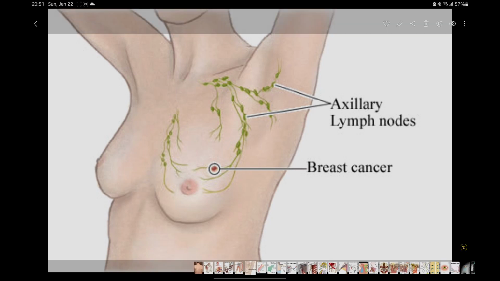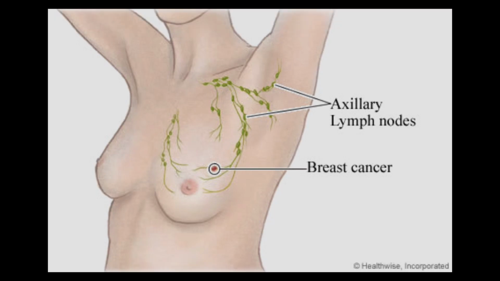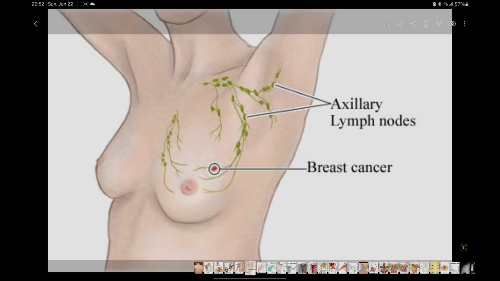We take a biopsy of the axillary lymph nodes. If the axillary lymph nodes come out to be positive, that means that there is nodal metastasis. That means that the breast cancer has spread beyond the breast into the lymph nodes and possibly to other outside regions, which can show us that the breast cancer has metastasized. So we need to take a biopsy or do a surgical dissection of the axillary lymph nodes.